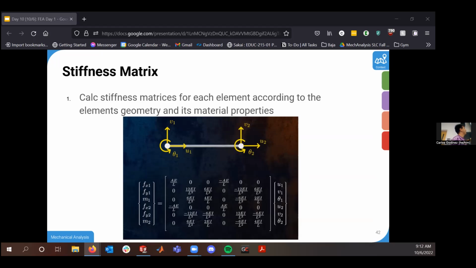FEA just handles that for you, but we include this because we want you to understand this is what's actually happening when it's solving it. It's not just going, oh, I know the equations for that. These equations come from the geometry and the material properties for whatever material we're working with.